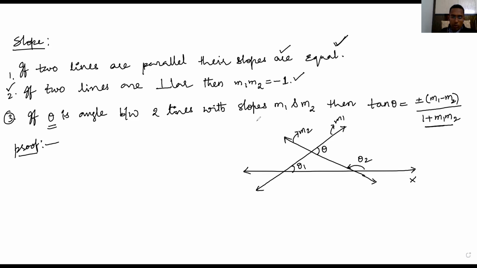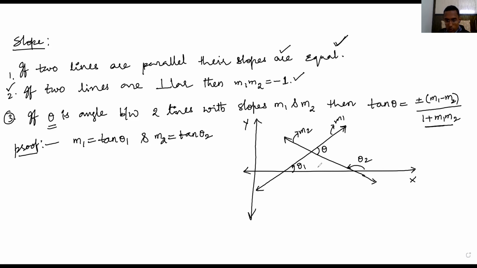Where the y-axis is doesn't matter, because slope depends only on the x-axis. M1 is the slope of the first line, making angle theta 1 with the positive direction of the x-axis measured anti-clockwise, so M1 is tan theta 1. And M2 is tan theta 2.